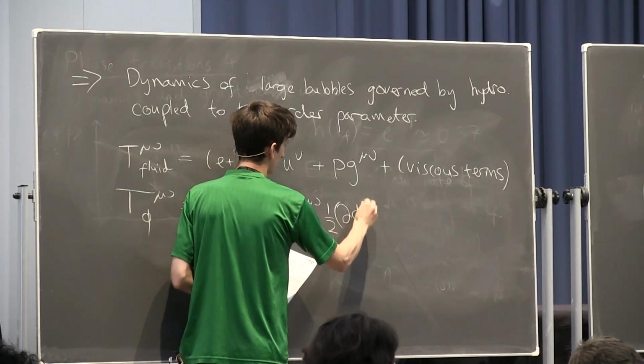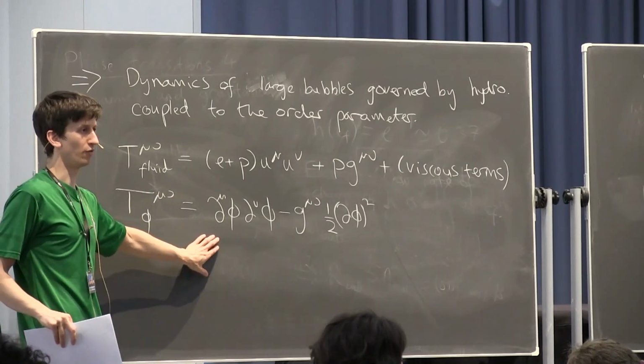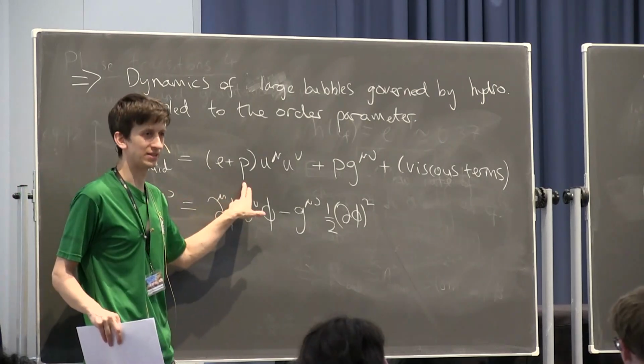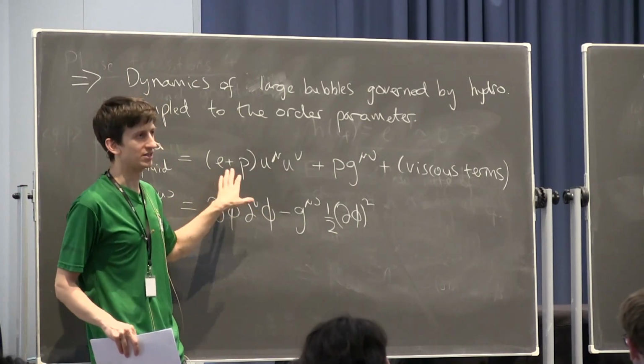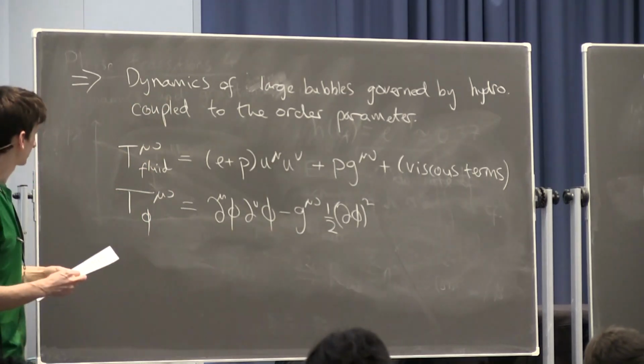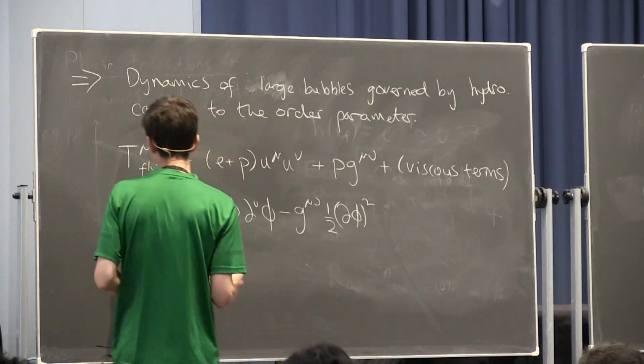And the potential energy of the field phi enters in the fluid equation here because it enters the pressure and the energy density through the effective potential. So these two together will give us the hydro equations.